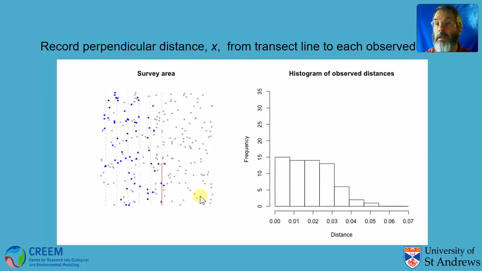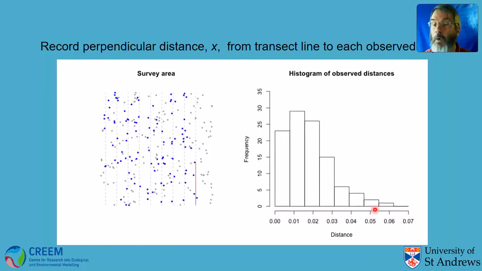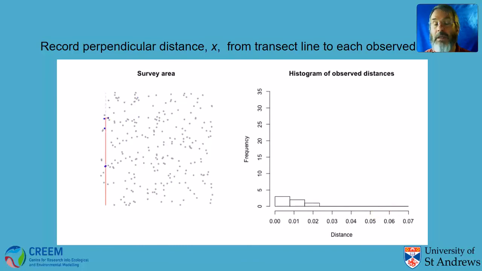And that is consistent with what we know about how the observation process works. Animals that are more distant from the transect line are less likely to be detected by us than animals that are close to the transect line.